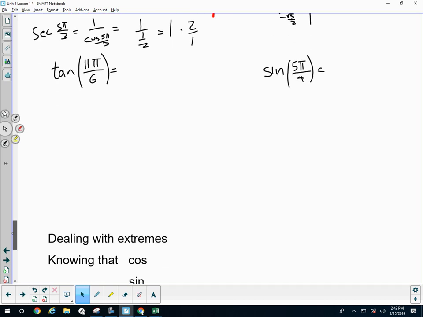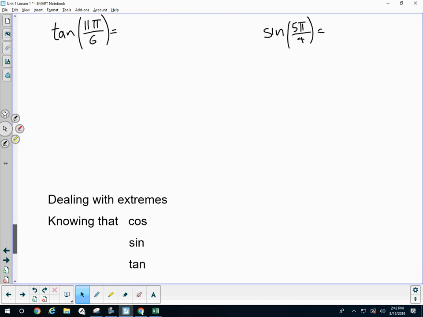Okay. Tangent of 11 pi over 6. Tangent, TOA, opposite over adjacent, but it's vertical over horizontal.